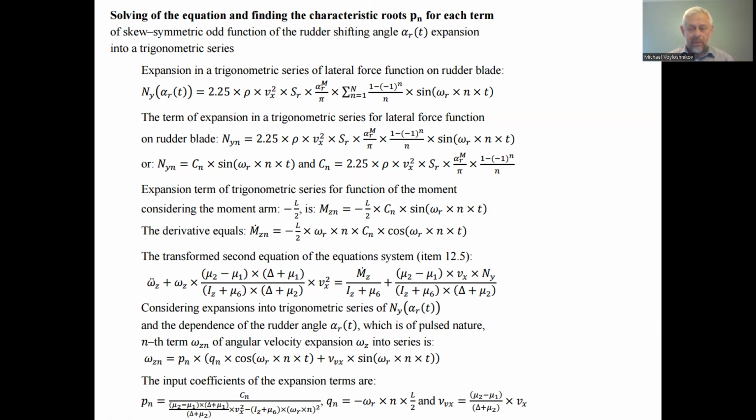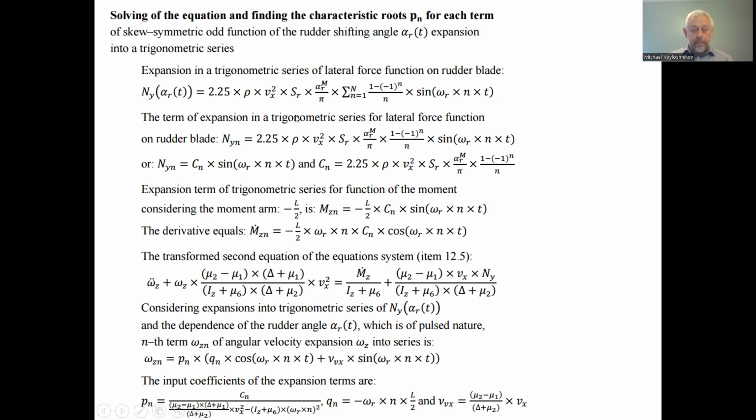In the previous one, article 12.9, we considered that as the sinus type of the turning of the rudder, keeping the ship on course. This was the simulation of the action of the control system, could be the feedback control system.